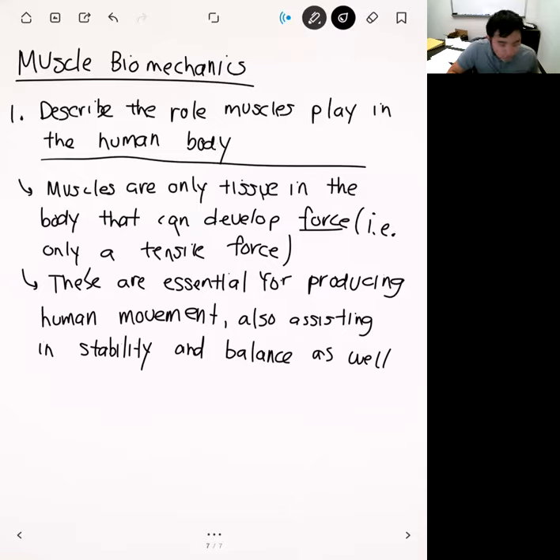Okay, all right, and so the next learning objective, and I'd say this is kind of one of the big ones for muscles, is to describe the behavioral and material properties of muscle.